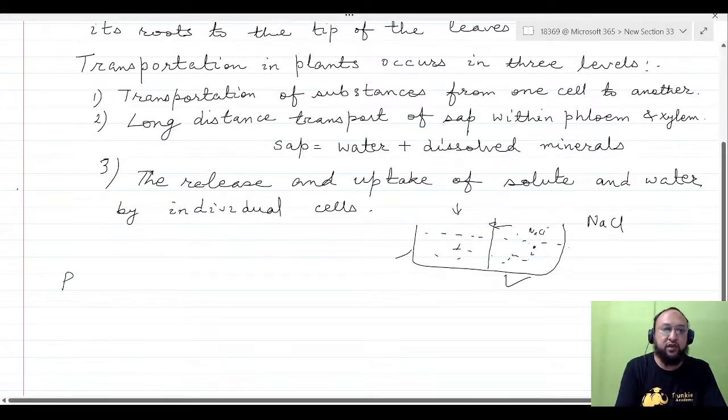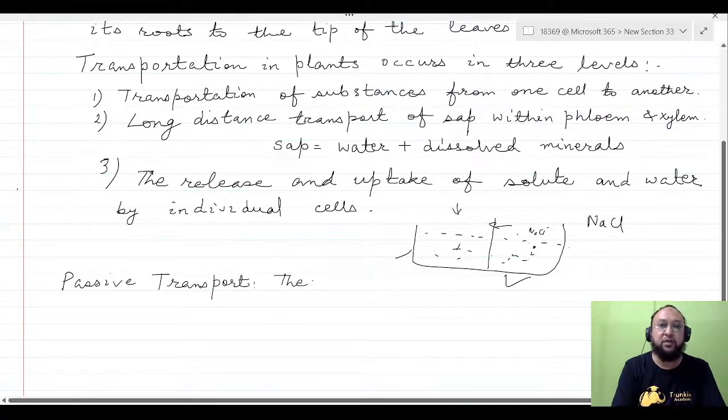Passive transport. This is important for exam. The rate of absorption is fast. Yes, obviously, because it is without the involvement of energy.